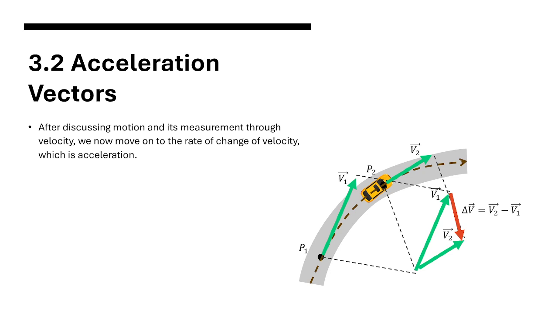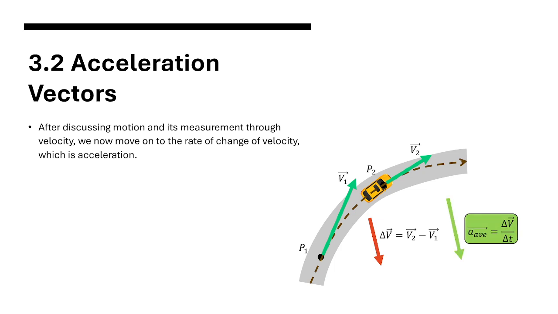And now, the average acceleration is equal to the change in velocity over the change in time, which is presented by this. Notice that we have the same direction for the change in velocity and the average acceleration. That is not always the case.